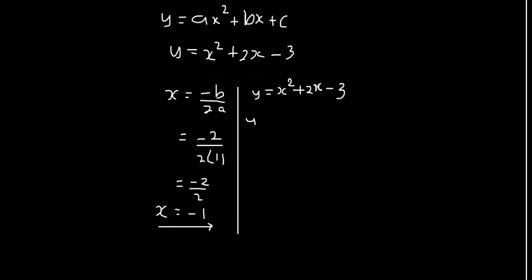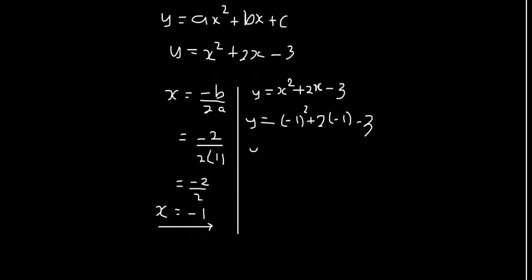Now we substitute negative 1 for x, so it will be negative 1 all squared plus 2, with negative 1 inside the bracket, then minus 3. My writing is terrible because of the app I'm using, but you will forgive me.